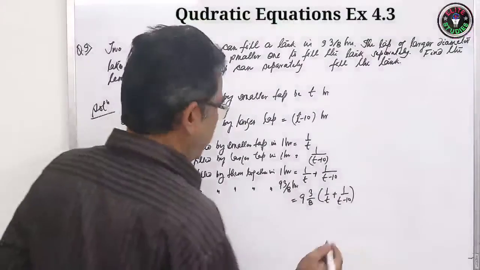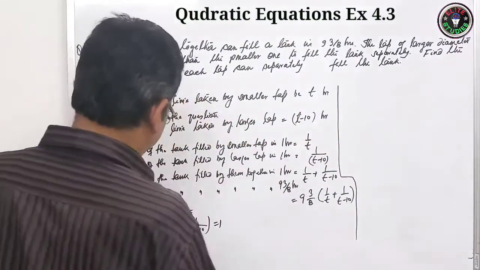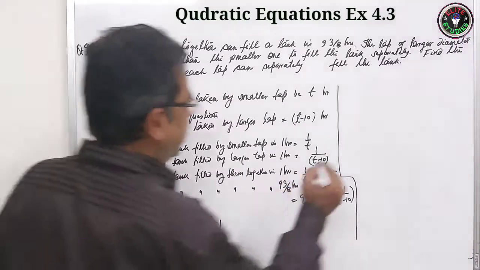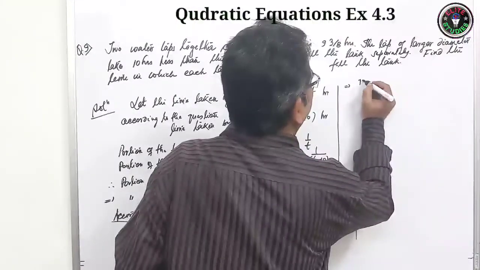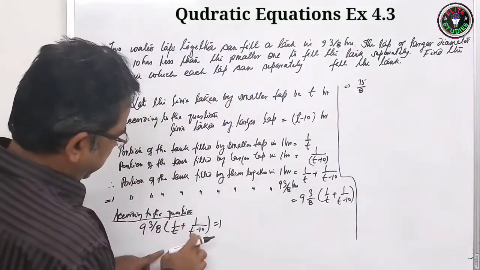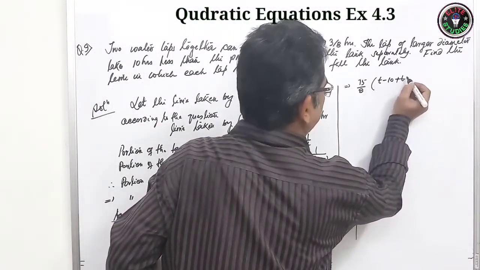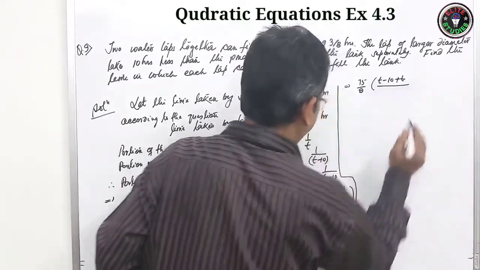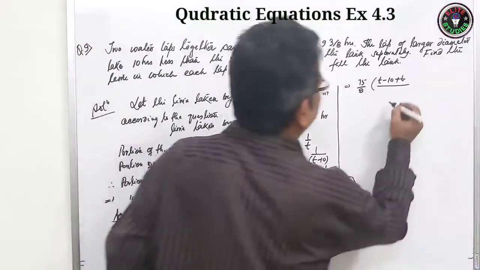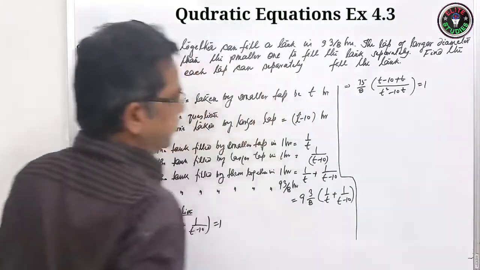Now solving, what we get? Here it will be 75 by 8, times T minus 10 plus T, over T square minus 10T, is equal to 1.